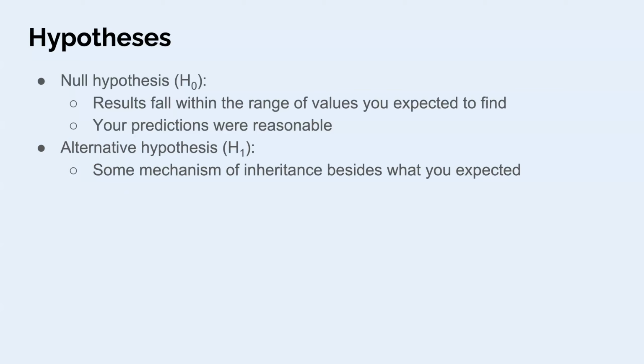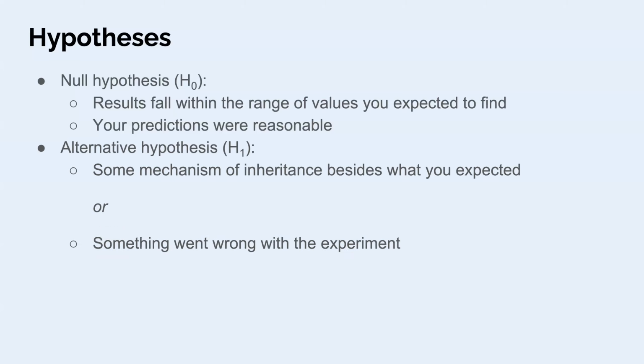If you thought you had a particular kind of inheritance, say complete dominance, and you observed a different ratio of offspring than you expected, you might need a different explanation. If you had complete dominance of an autosomal gene, maybe you discover that you have incomplete dominance, or more than one gene contributing to the phenotype, or sex linkage, and so on. You might be surprised because there's something biological happening that you didn't account for in your explanation.